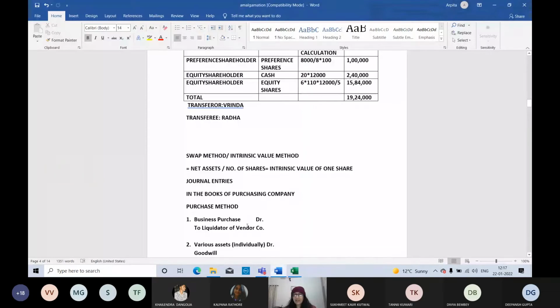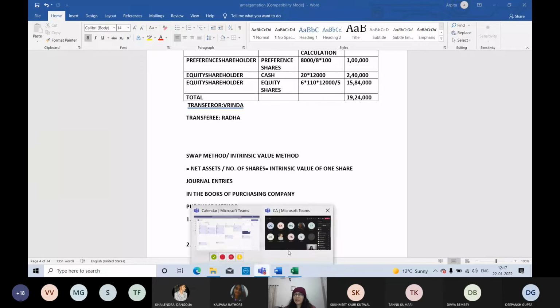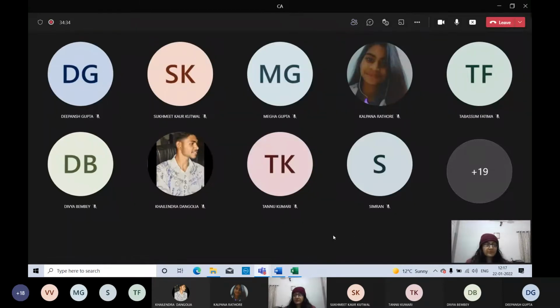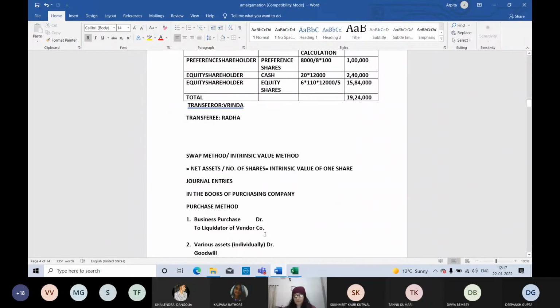For instance, in the above question, let's say the vendor company is Vrinda. So I will write business purchase to liquidator of Vrinda Limited. Clear? Any doubt in the first entry? Please raise your hand if it is not clear. So the first entry is clear to all of you.